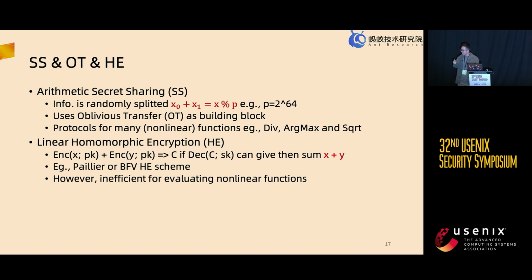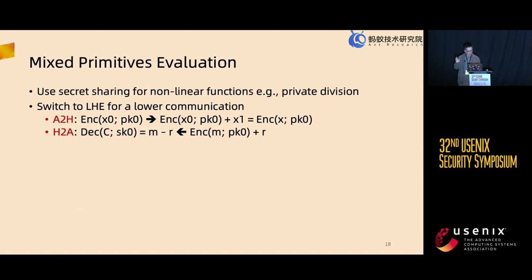We only need to do addition, actually. And we will switch between the two because homomorphic encryption cannot compute nonlinear functions very efficiently. So for that part, we use secret sharing. And for some parts of the computation, we switch to homomorphic encryption, do the computation, and then switch back.